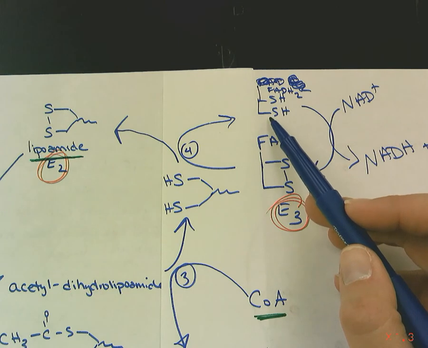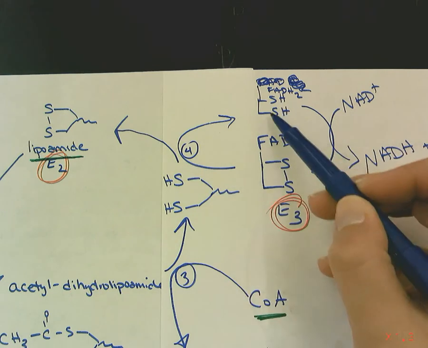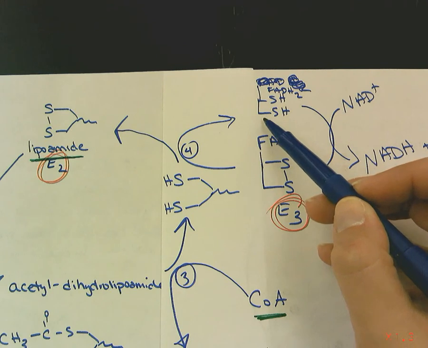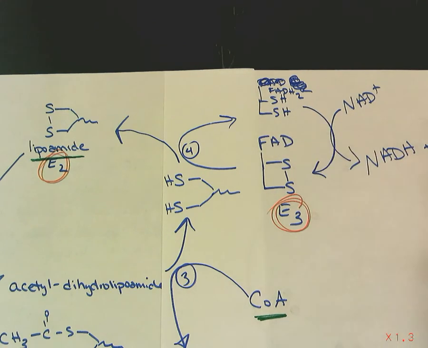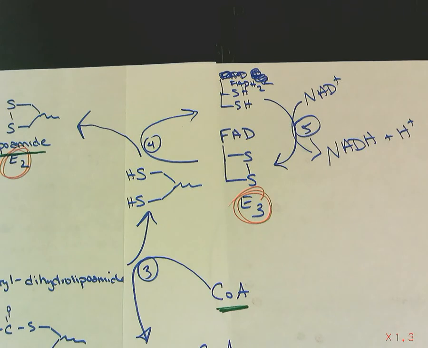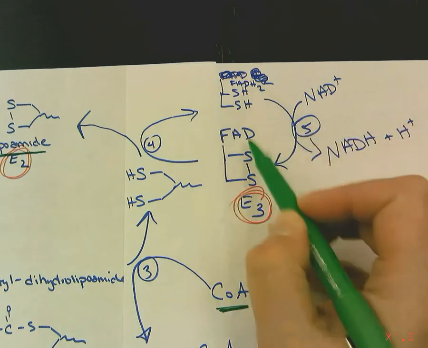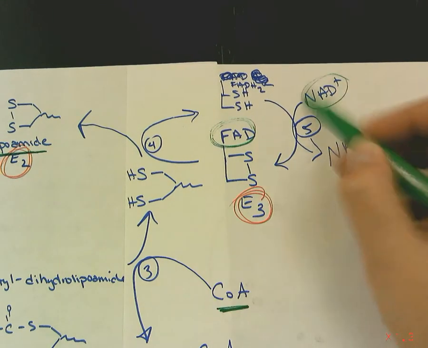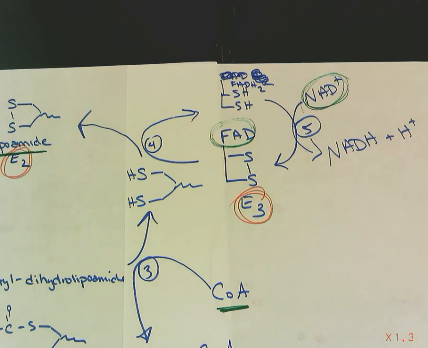It really goes through 2 steps. The FAD goes to FADH2 and that's reduced, and then goes through another intermediate. But then here's our last 2 cofactors, right? We got our FAD and our NAD+, and everybody's back to where we started.